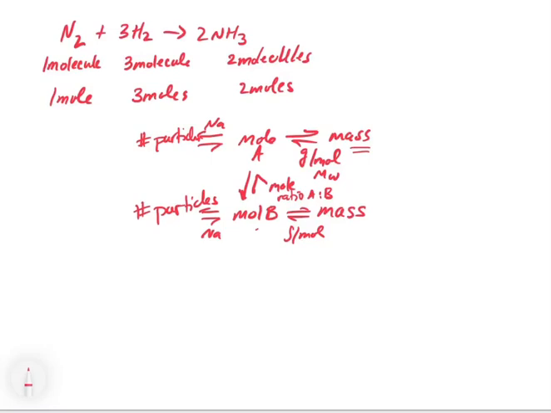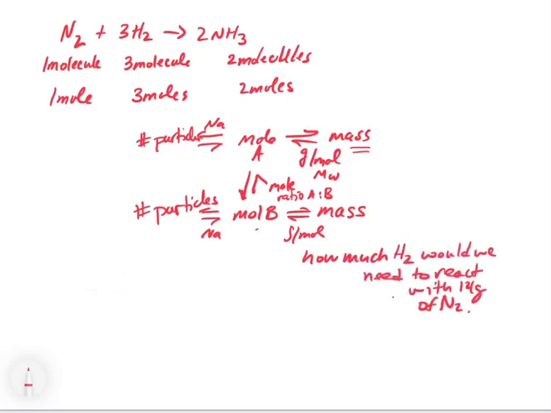So let me show you just a couple of quick examples. Okay, so let's say that we had 14 grams of nitrogen, and we wanted to know, with that 14 grams of nitrogen, how many grams of H2 would we need in order to run that reaction? So if I had 14 grams of nitrogen, we're going to go to moles. So our first step is going to be to go from mass to moles.